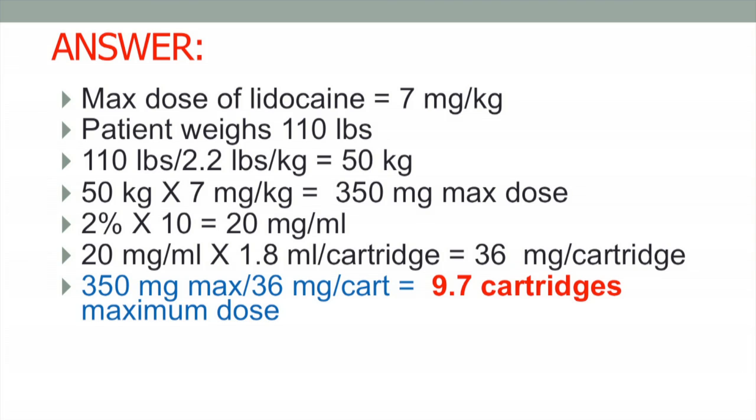Now we're prepared to solve the problem. Now we know that 350 milligrams, which is the maximum dose, divided by 36 milligrams per cartridge gives us a total allowable dose in cartridges of 9.7. Congratulations if you achieved this answer. If you did not, go back and practice some more.